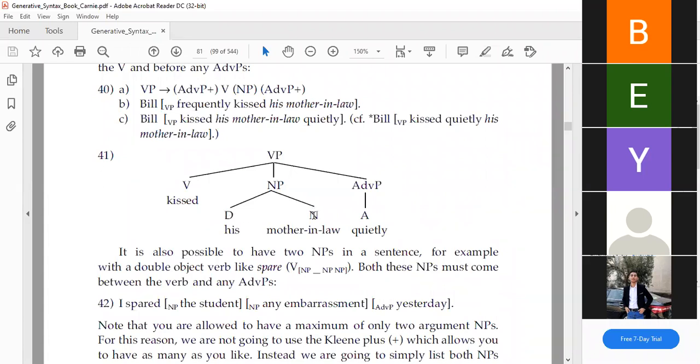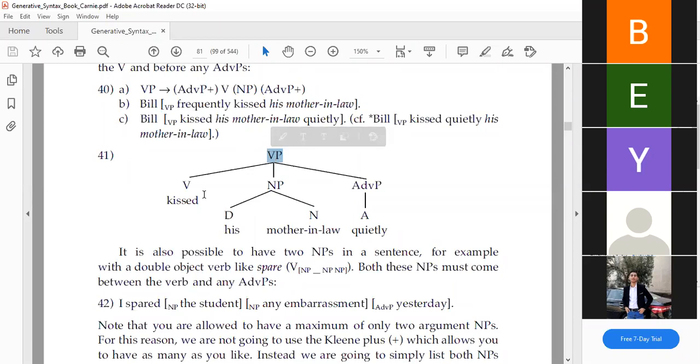Because it modifies the head mother-in-law. So D is attached within the NP, not the N, because we need a phrase. It is not attached within the VP, because it modifies the noun. Now the whole NP is attached within the VP because the whole NP modifies the verb.